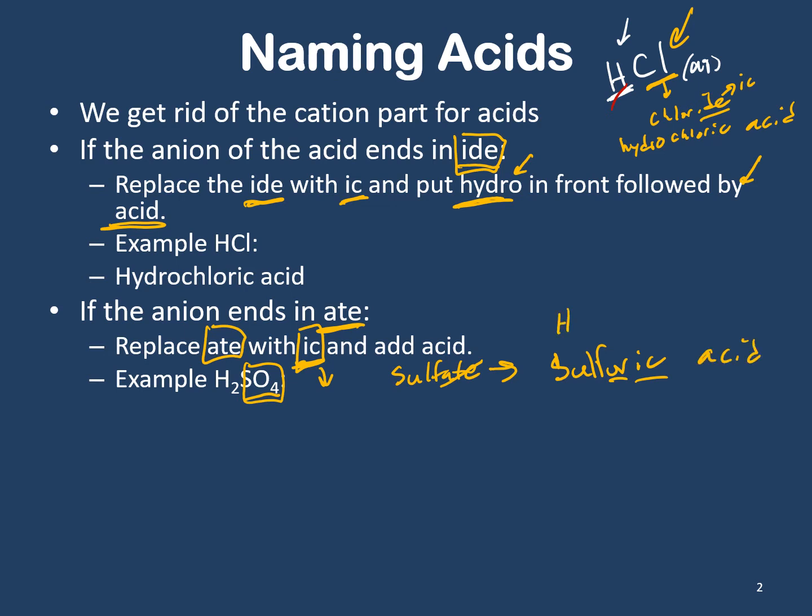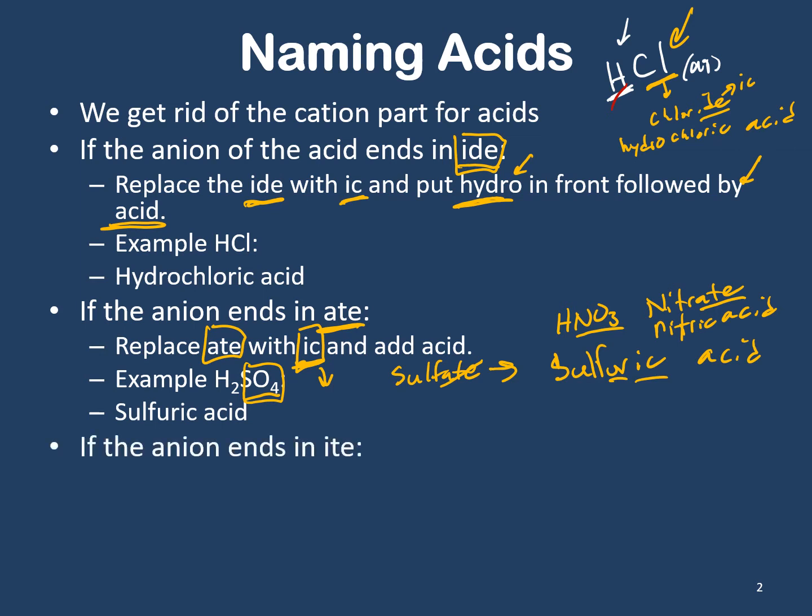Another example might be HNO3. This is nitrate. In this case, we just take the ATE, change it to IC. This would become nitric acid.